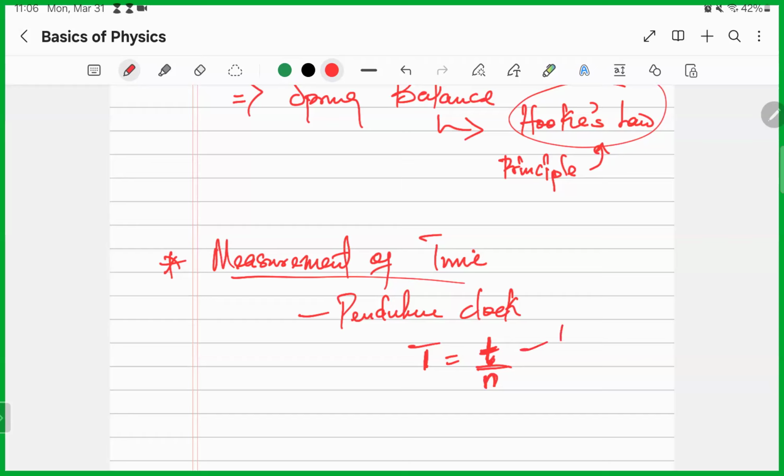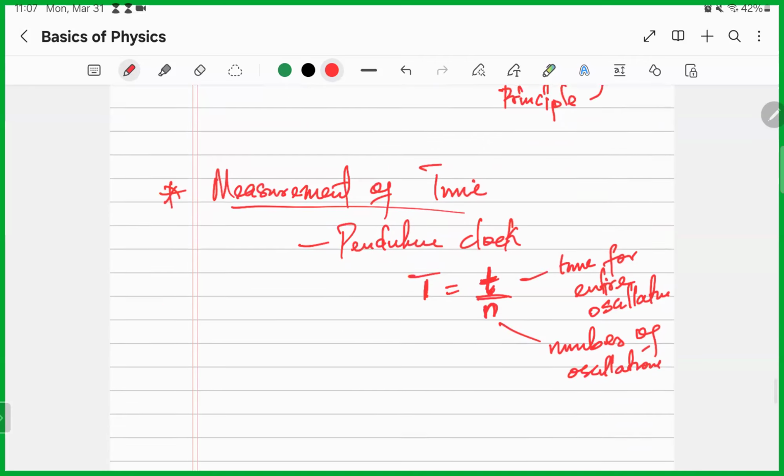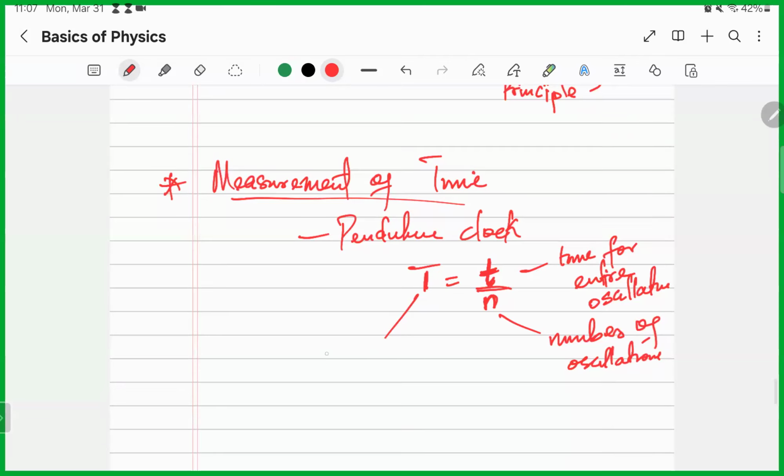So this is time for entire oscillation, and the number of oscillations that has taken place. So this is what I was now referring to as the time for each oscillation. Because you see, it's just like a unit.